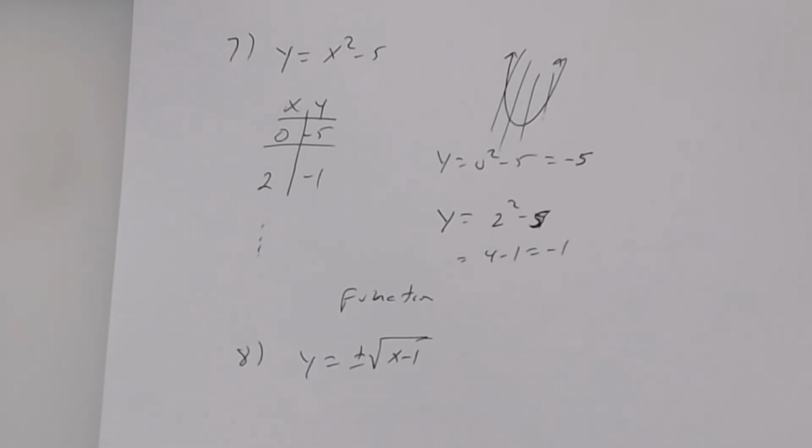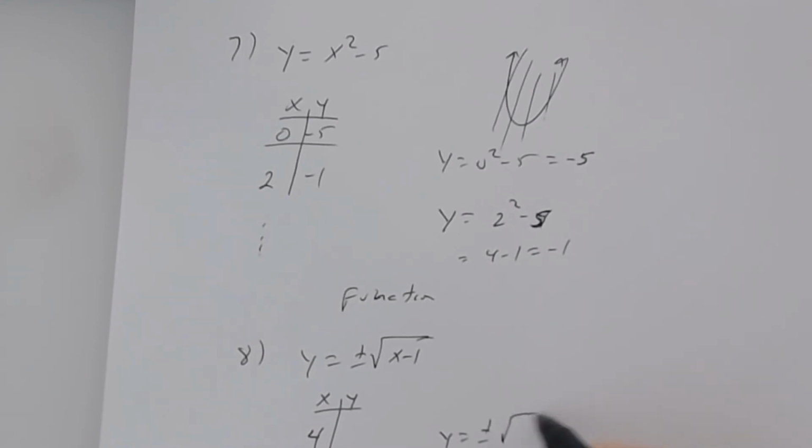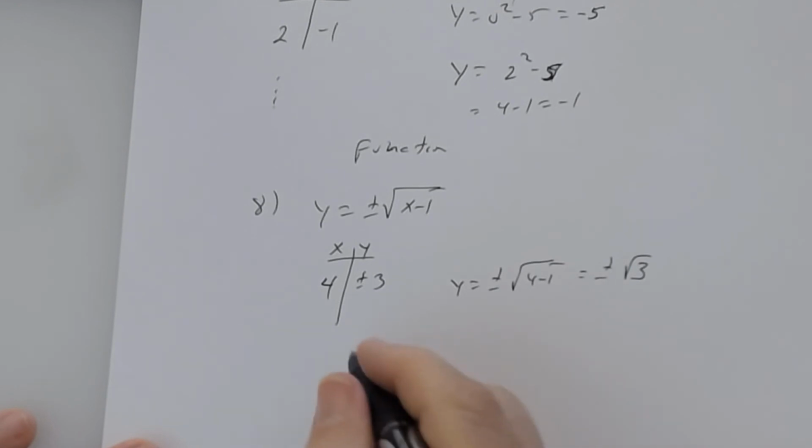Because look, if I let x be, let's say, 4, I can't use 0, because 0 minus 1 is negative 1, and the square root of a negative 1 is not a real number. So if I use 4, I get y equals plus or minus the square root of 4 minus 1, which is plus or minus the square root of 3. So notice that when x is 4, I got 2 y values. That's not a function.